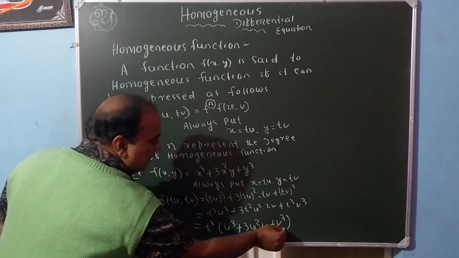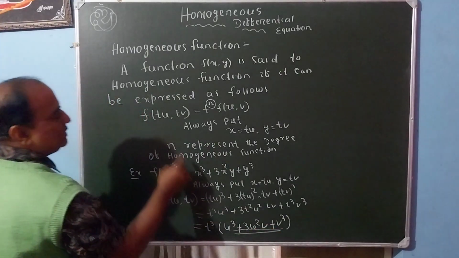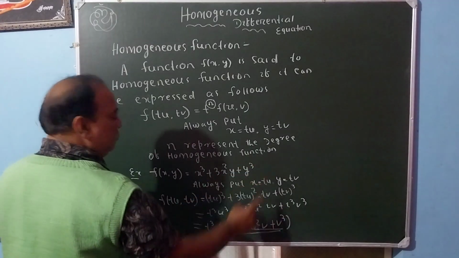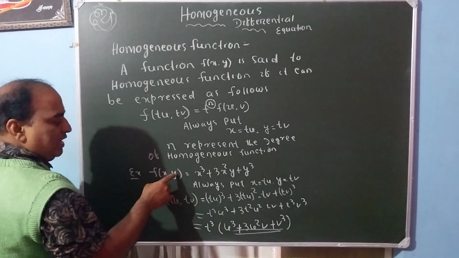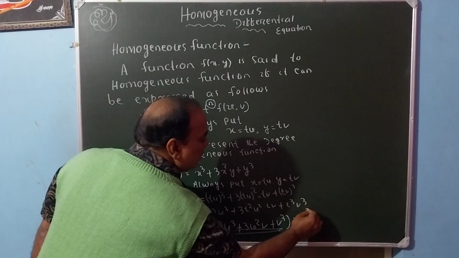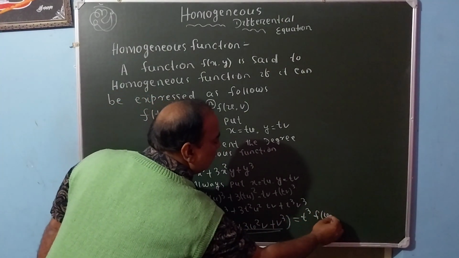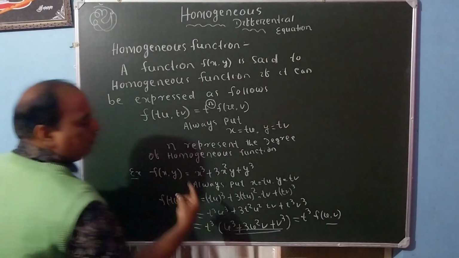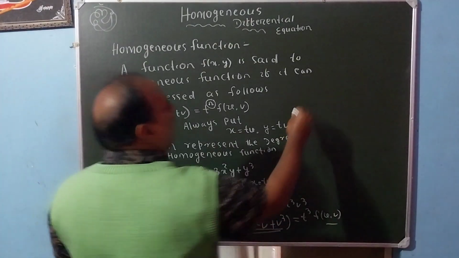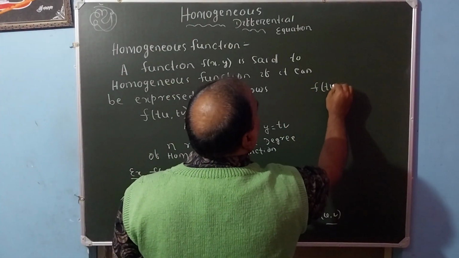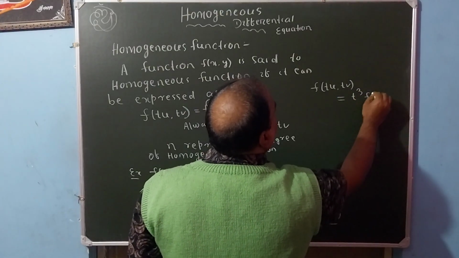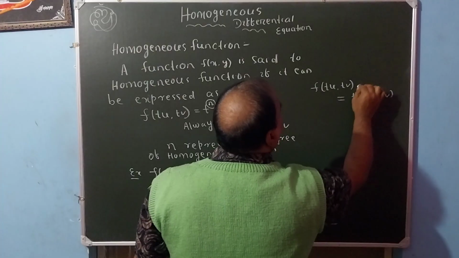So this can be written as: f(x, y) is x^3 + 3x^2 y + y^3. In place of x, u, in place of y, v. So it becomes t^3 f(u, v), which is a function of u, v. Now f(tu, tv) = t^3 f(u, v).